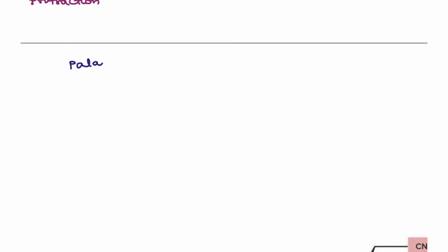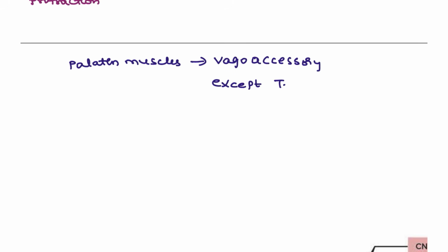All the palatine muscles are actually supplied by the vago-accessory complex, except one, that is the tensor palatini, and the tensor palatini is actually supplied by the fifth cranial nerve. Okay, this is the palate.